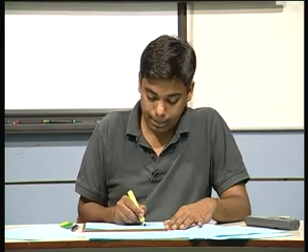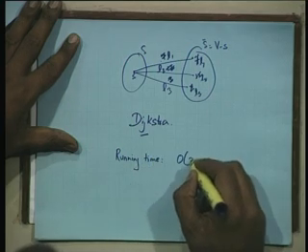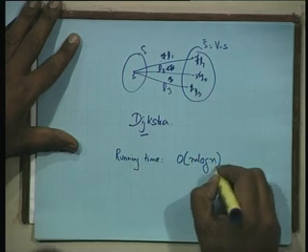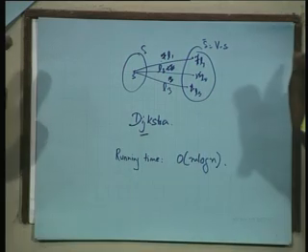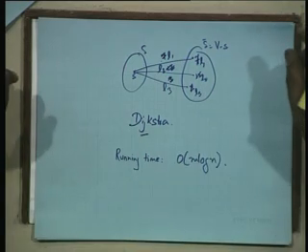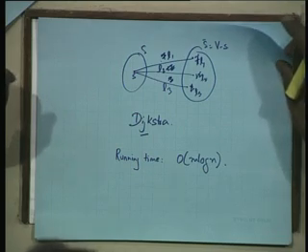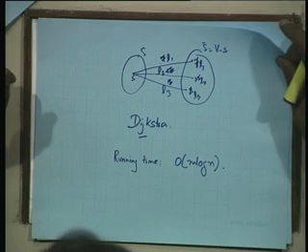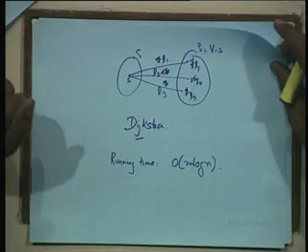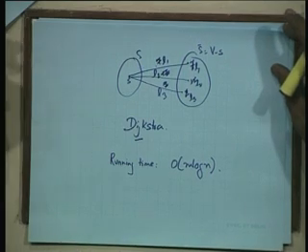Okay, and what did we argue is the running time of this algorithm? This algorithm would not work if the graph had edges of negative lengths.